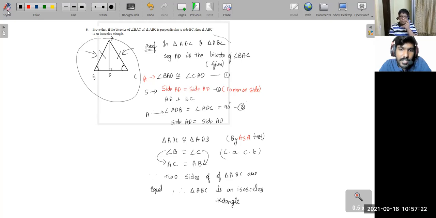No, I'm not getting. Which line? Below by AAS test. CACT, corresponding angles of congruent triangles. Okay, sir. Corresponding angles of congruent triangles.